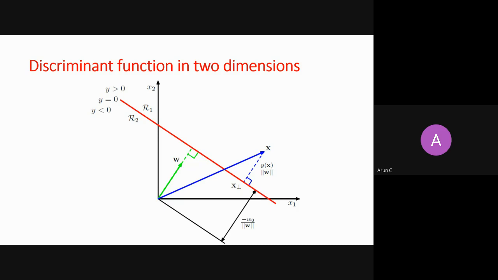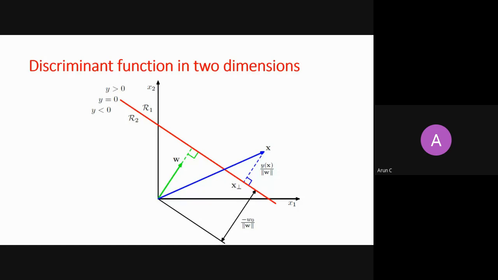W naught is not a set of projections. W transpose X is a set of projections, don't forget it. No, that is the wrong answer. What is W telling me?